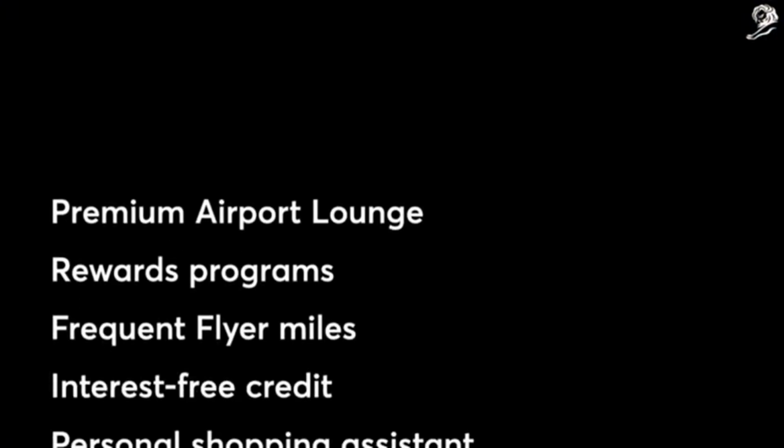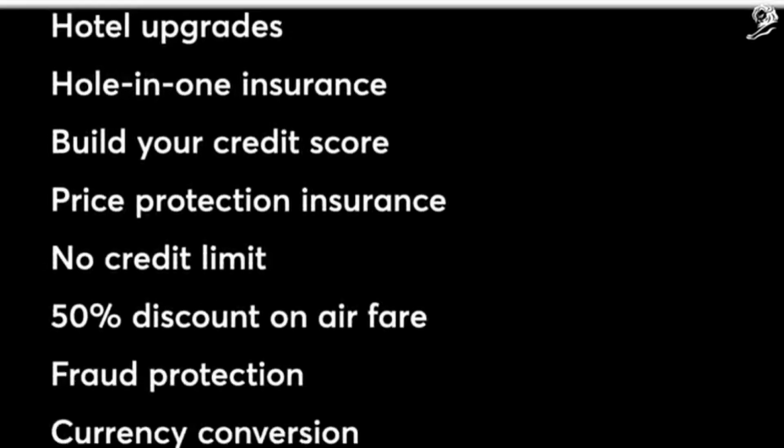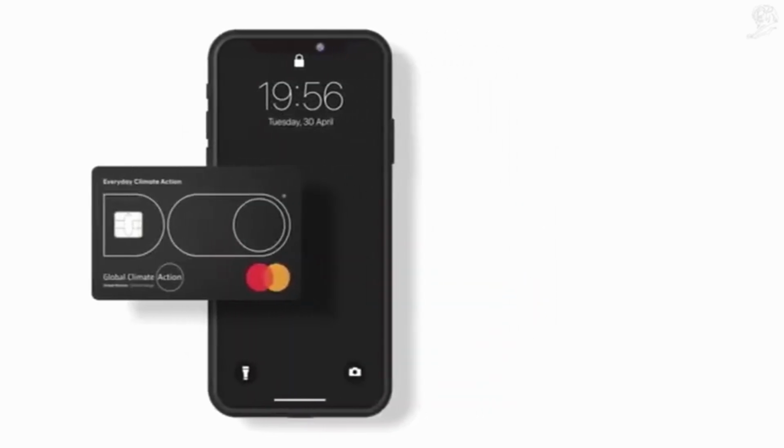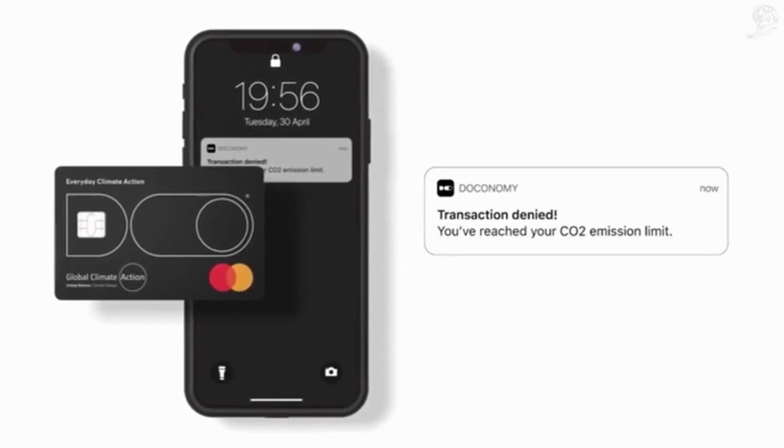But instead of introducing a premium credit card with the typical benefits that encourages further mass consumption, Doconomy did the opposite by launching Do Black, the world's first credit card with a carbon limit. Simply put, it's the first credit card ever to stop you from overspending.